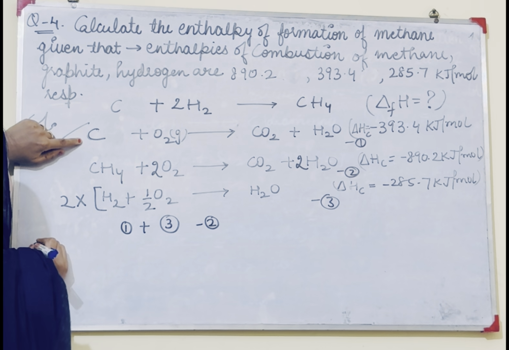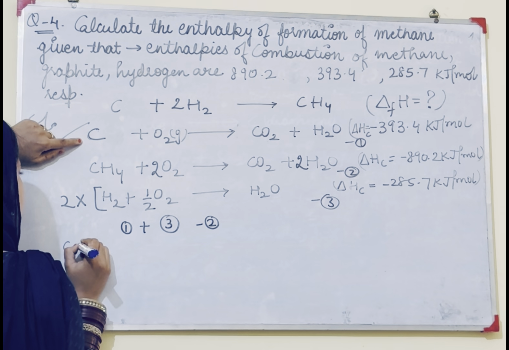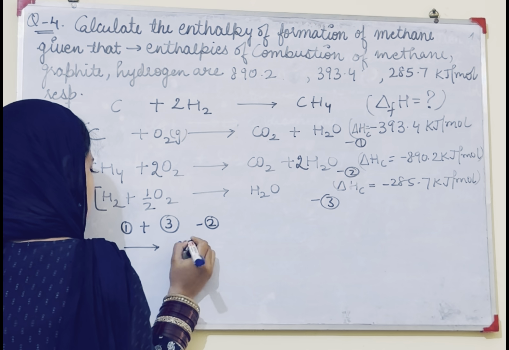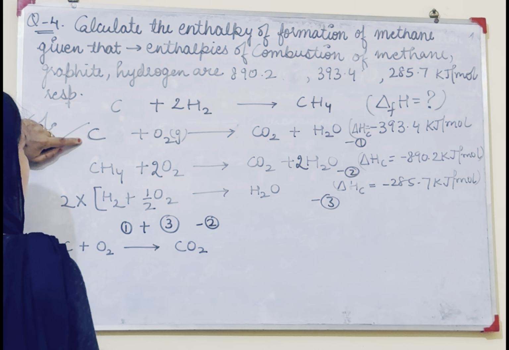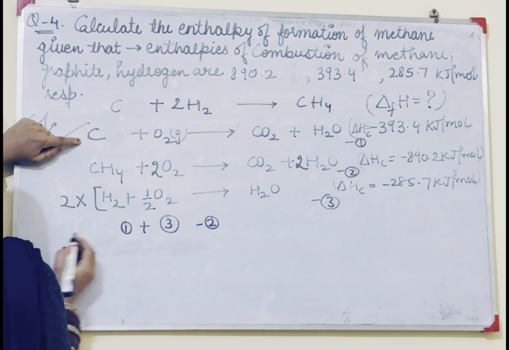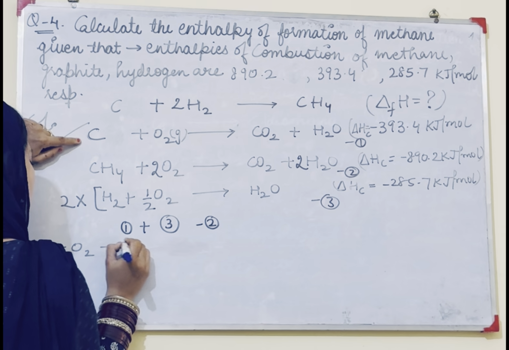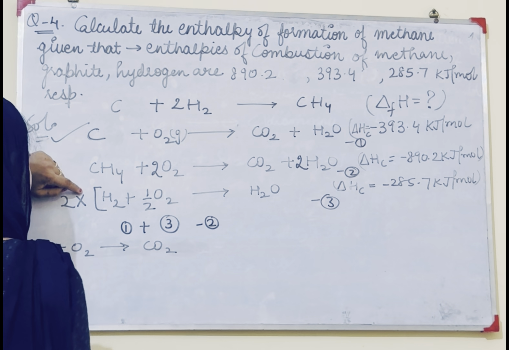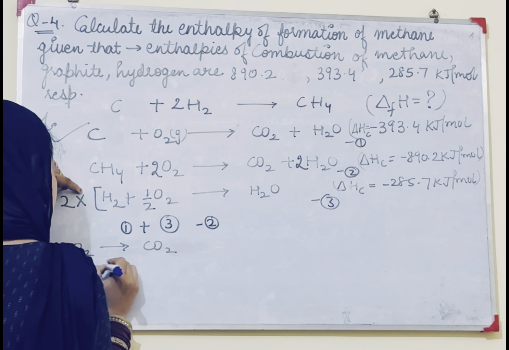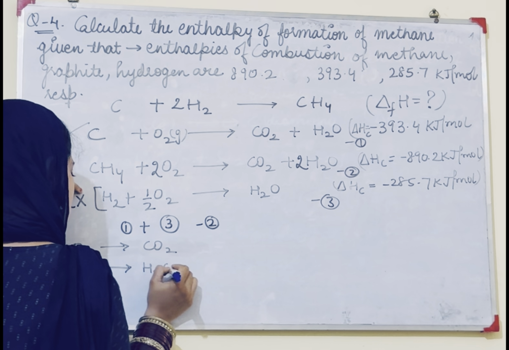First equation: it will become CO2 plus, instead of writing, now write according to this, C plus O2, it will form CO2. Third equation, 2H2 plus O2, it will form H2O.